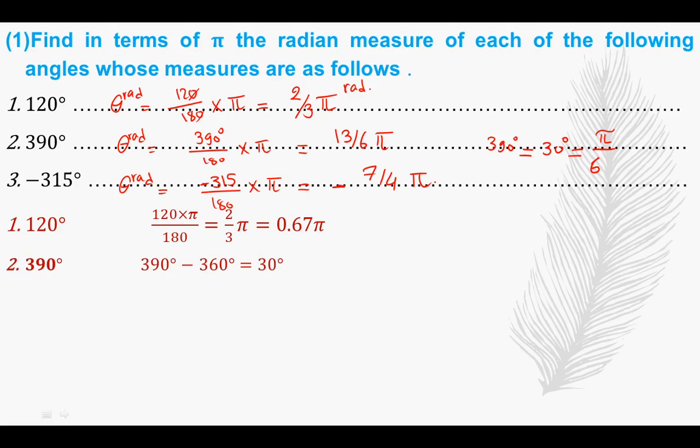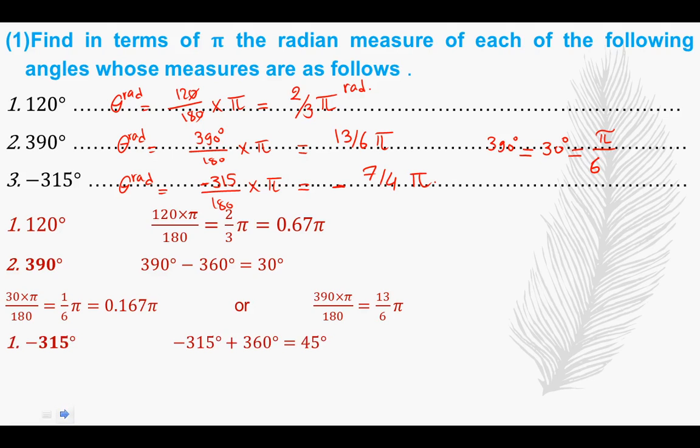For 390 degrees minus 360, this is equivalent to an angle of measure 30, and 30 you can write as 30 multiplied by pi over 180, which equals 1 over 6 pi, or pi over 6, and in decimal form 0.167 pi. Or you can solve it as 390 multiplied by pi over 180, and the result is 13 over 6 pi.